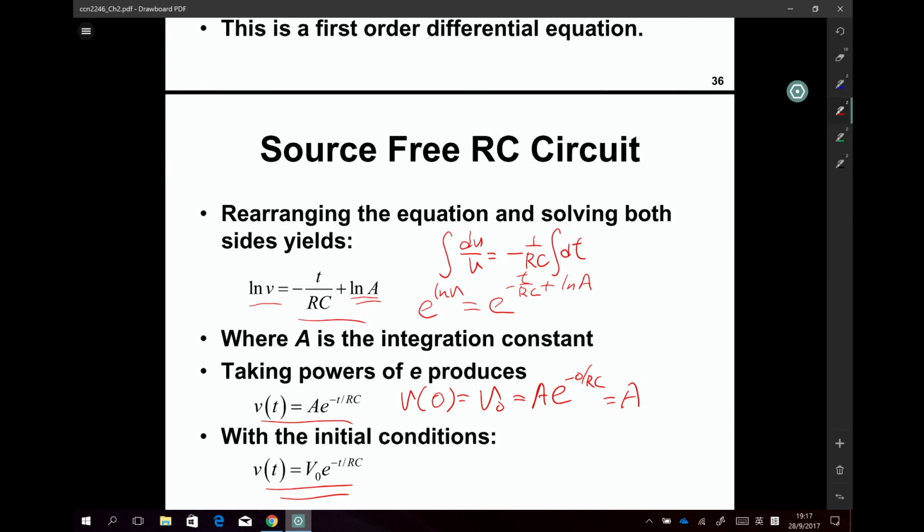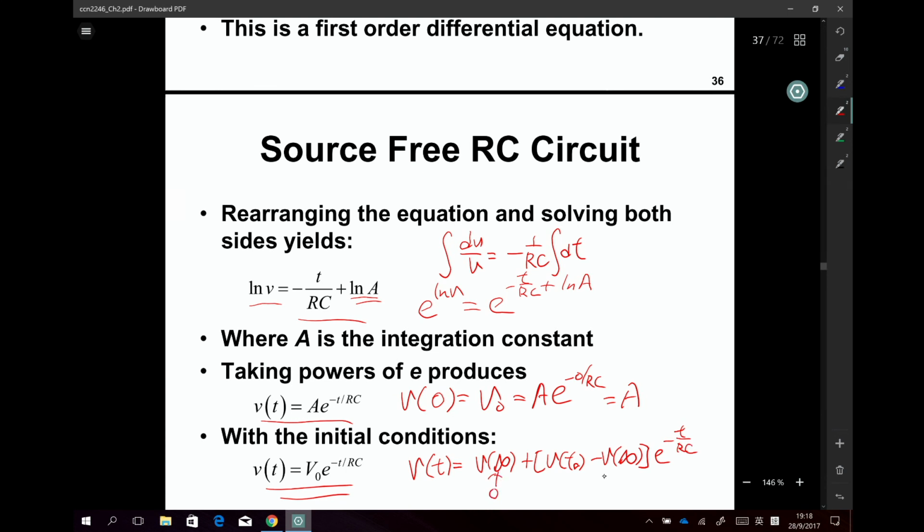Now when you compare with our general solution, our general solution gives you v(t) equal to v(infinity) plus v(0) minus v(infinity) times e to the power minus t over RC. Now you find that v(infinity) equal to 0, and v(0) equal to V0.